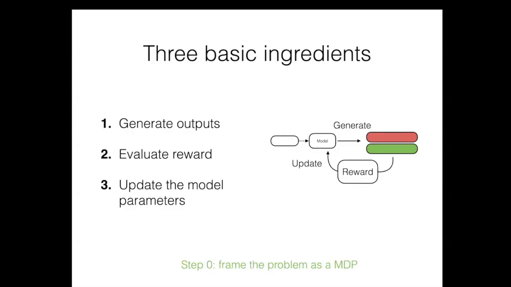But if we actually want to think of this as applying reinforcement learning to language generation or with language models, then we really want to formulate things in the reinforcement learning language. And so the first step, maybe like step zero, is to just frame the problem as an MDP.